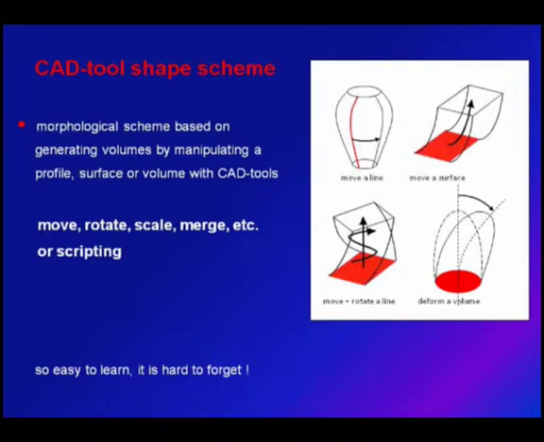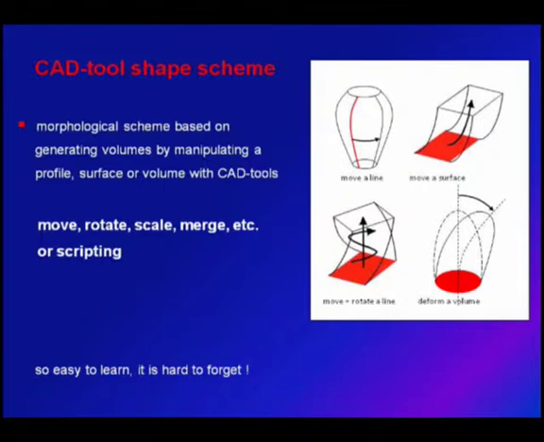As you can see in the scheme, one can move a line along a circle, for example, or one can rotate it around the vertical axis in this case. One can take the red surface and then move it upward, for example, along a curve. One can add a rotation and that will result in a twister.